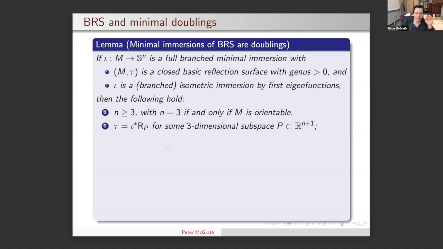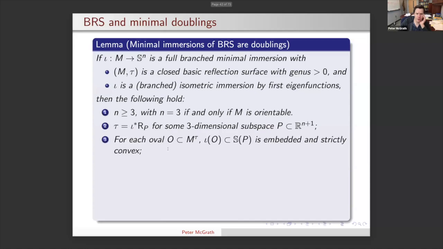So the intrinsic reflection truly is coming from a reflection through a totally geodesic 2-sphere in the S^3 if we're orientable. Furthermore, each oval, the fixed point circles, they're convex and in particular embedded. So those are the boundaries of the doubling holes.